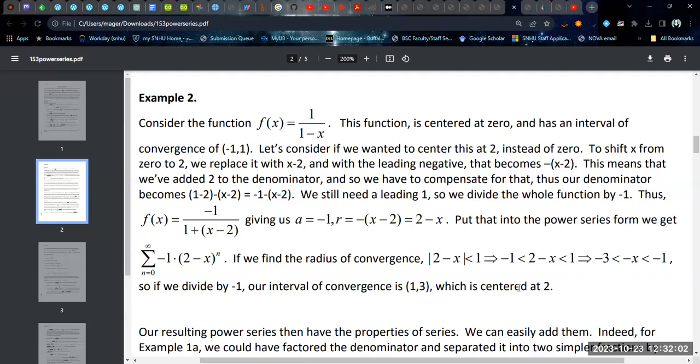And when you do that, you can confirm that it is in fact centered at 2. Instead of being from -1 to 1, it's now from 1 to 3. So it's the same length of convergence, but now the center is at another point.